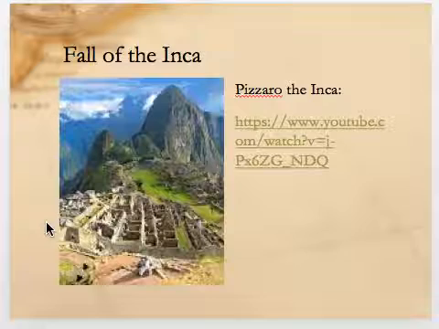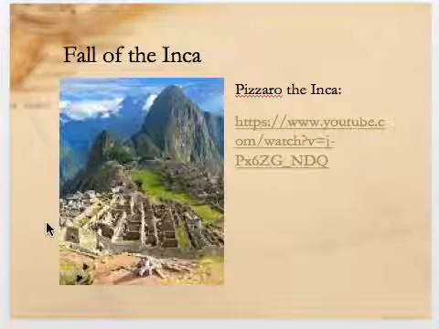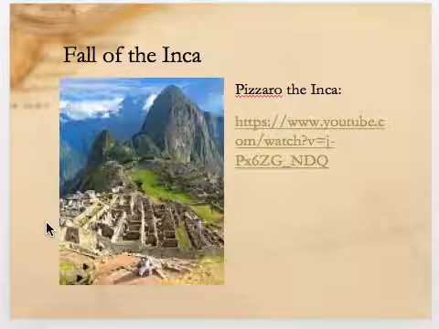When you look at how Cortez and Pizarro, with only a few hundred guys, were able to bring to its knees some of the greatest civilizations in Central and South America that had populations of millions of people.